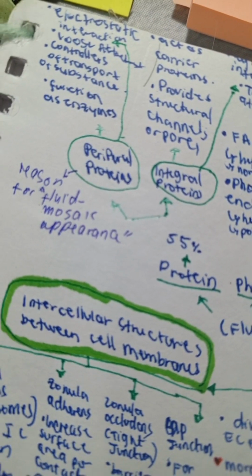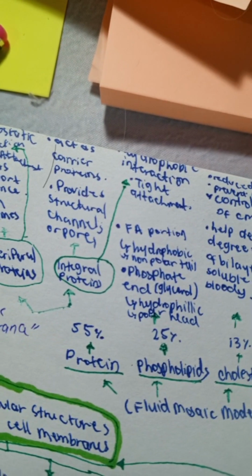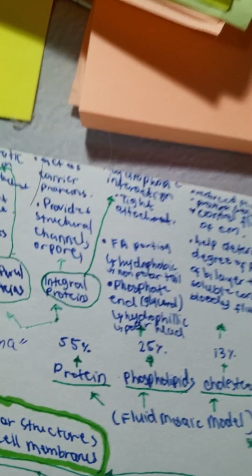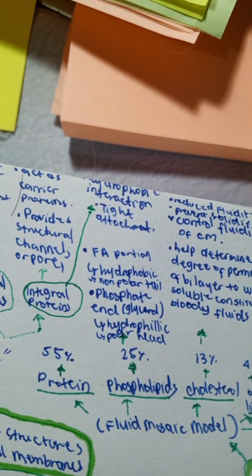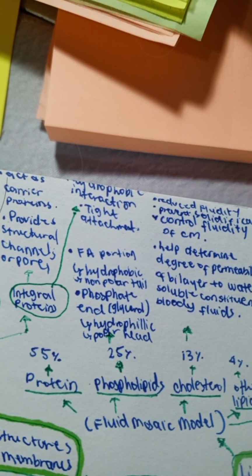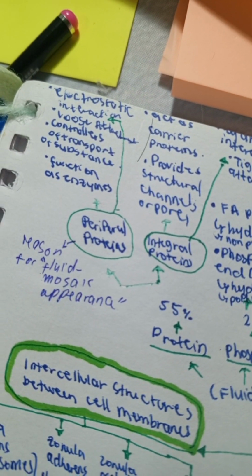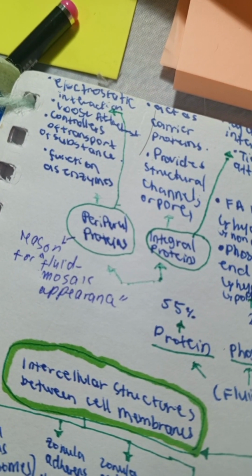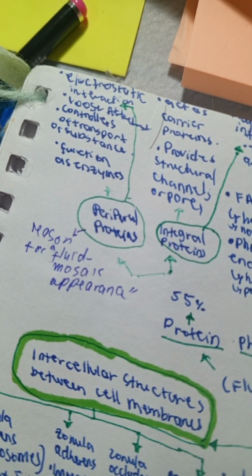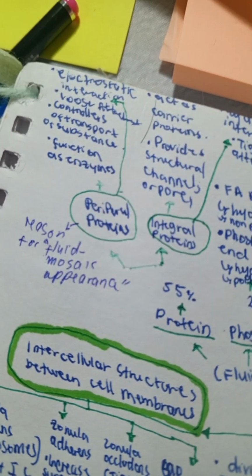The peripheral protein has electrostatic interaction and a loose attachment, and it controls the transport of substances and functions as an enzyme. So the peripheral protein is the reason for the fluid mosaic appearance.